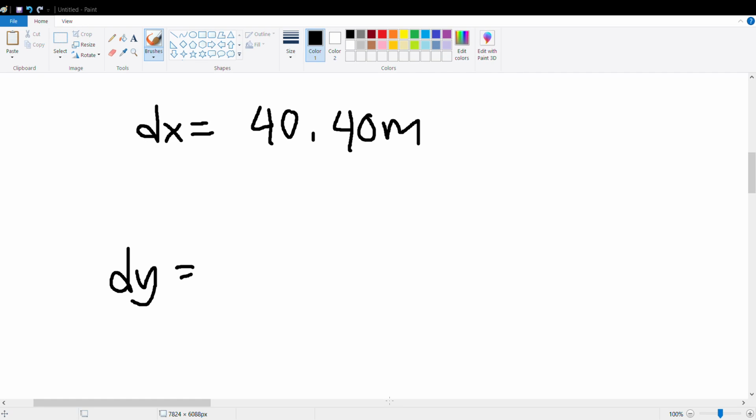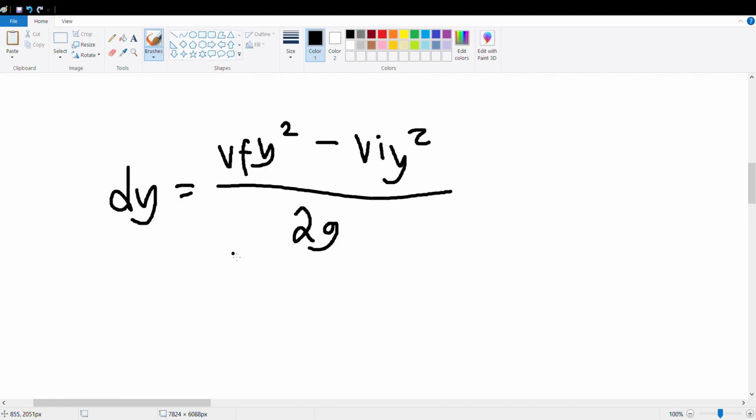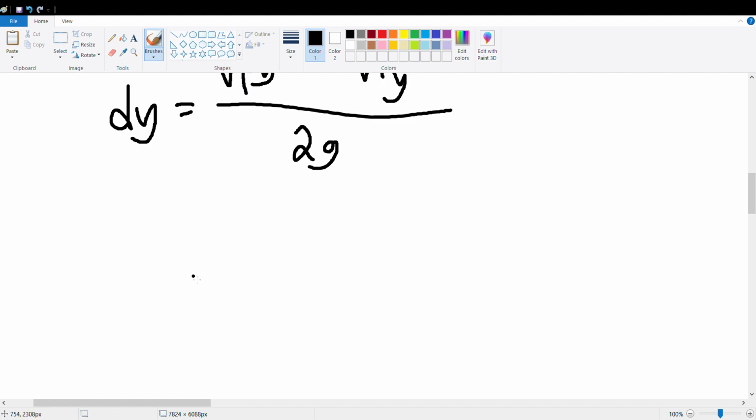And for the dy, it should also be a simple equation. All we need to do is remember that vfy squared minus viy squared over 2g. This is also for kinematics, the 6 major formulas.